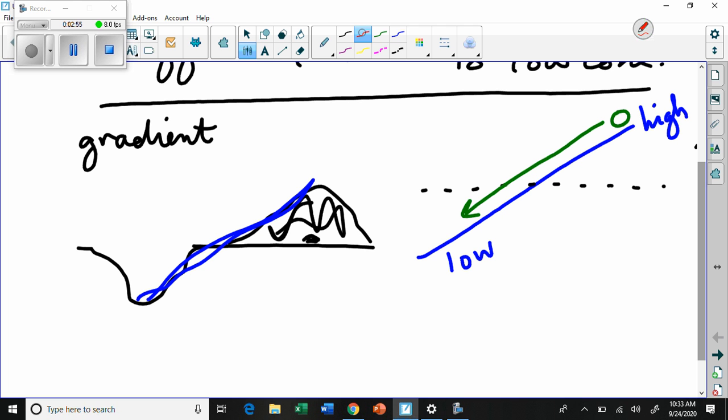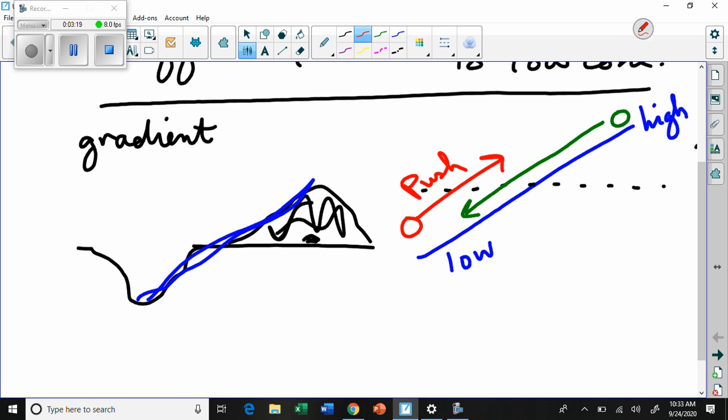If you want something to go up the hill, you got to push it. It won't go by itself. If you want to go against the gradient from low to high, you're going to have to push somehow. And so when we're talking about concentrations, if we want to move something from a place where it's low concentration and force it to where it's high, we're going to have to push it. It won't go on its own.